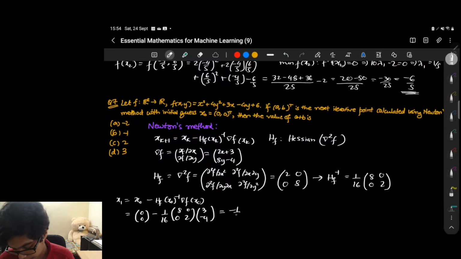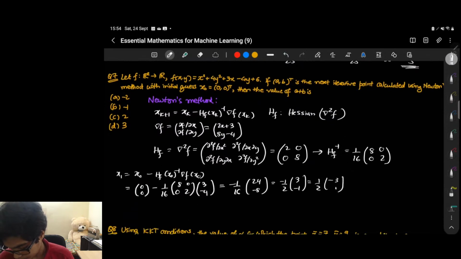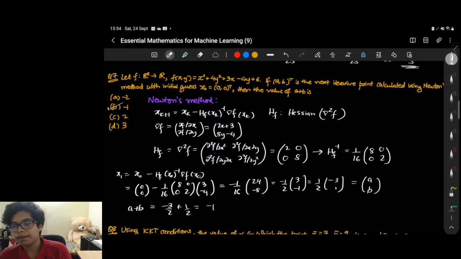So this gives me the following. And this is what they are calling a and b. So that means a plus b is nothing but -3/2 plus 1/2, which is -1. So the correct answer is a plus b is -1.